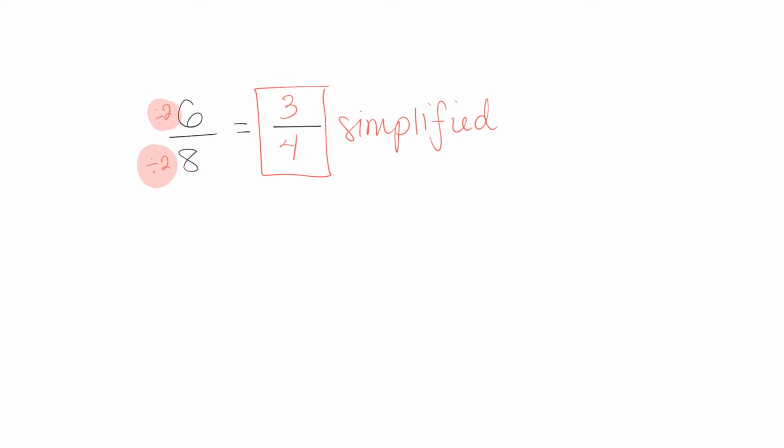So if we take this up a notch, we would look at something like 18 over 27, but let's throw some variables in here. 18x to the 6th over 27x to the 4th. So I have to be really good with divisibility rules here.